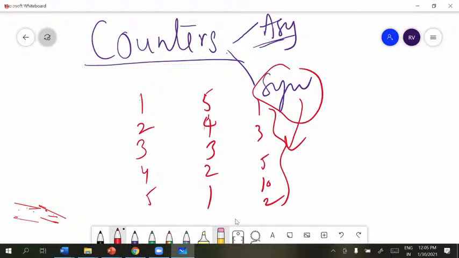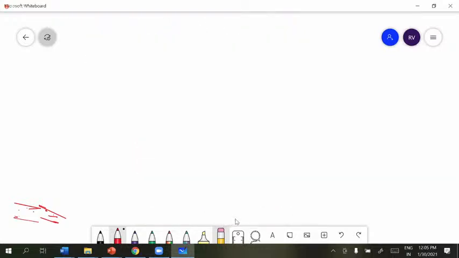Whenever your feet touch there, it takes it as a count. By pressing that pulsar switch, it can increase the count. So many applications are there. We use these counters in many applications, and they are also used in computers to control processing and all.